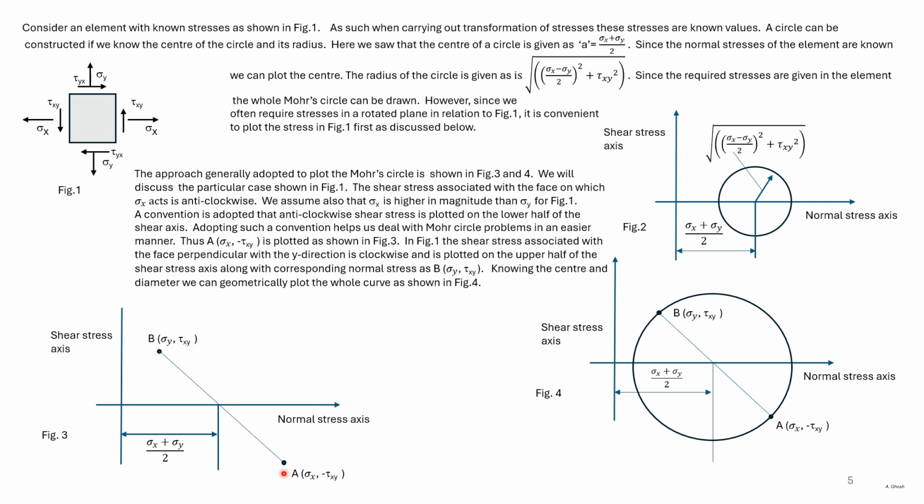The straight line AB is the diameter of the Mohr circle. It passes through the center of the Mohr circle, which is at a distance of sigma x plus sigma y divided by 2. So now we have the center and the radius of the circle, so we can plot the circle as shown here. The points corresponding to this element are A and B.